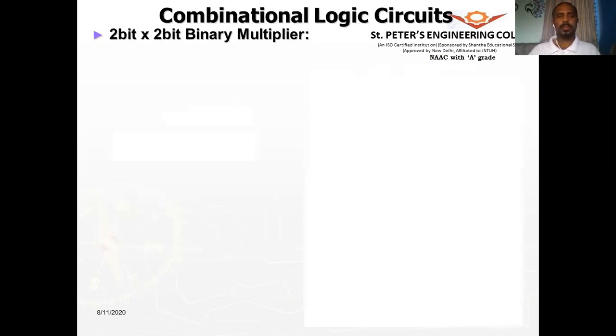Okay. So let us look into the 2-bit by 2-bit binary multiplier. As we have all done multiplication, we know the rules for multiplication. Suppose I have two numbers, so how do I multiply?